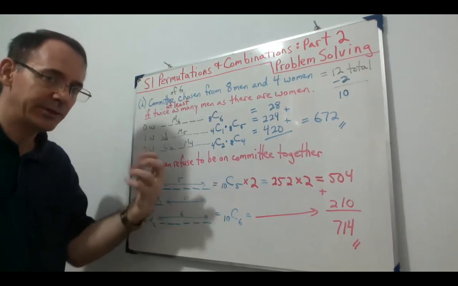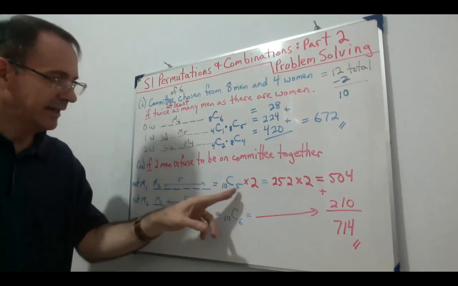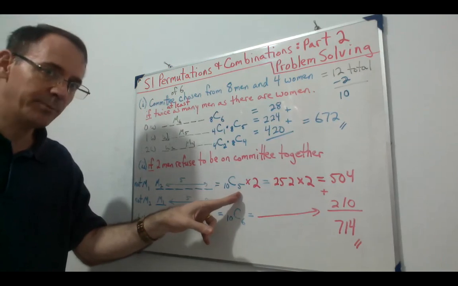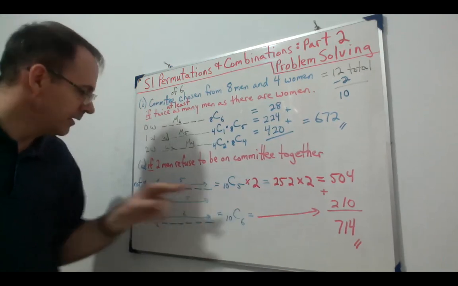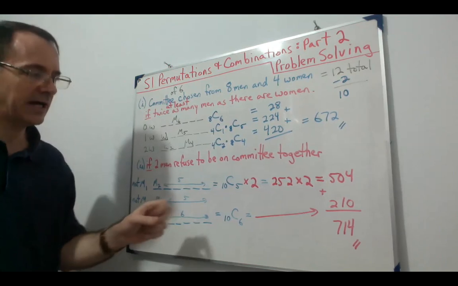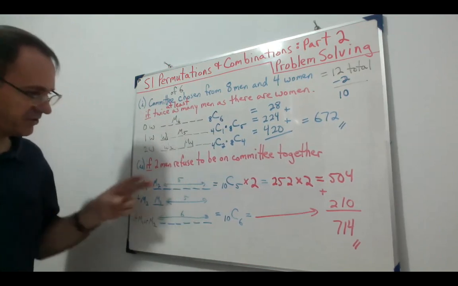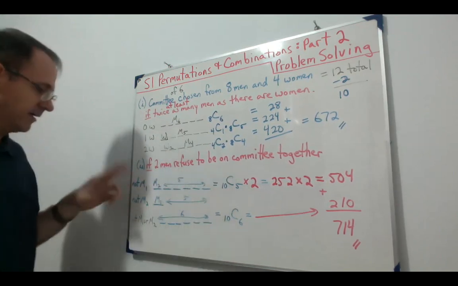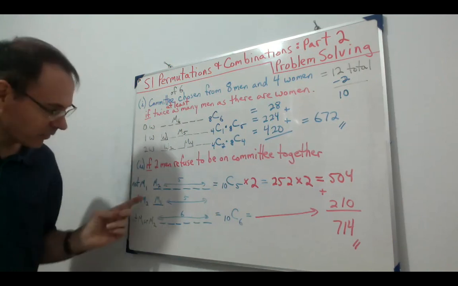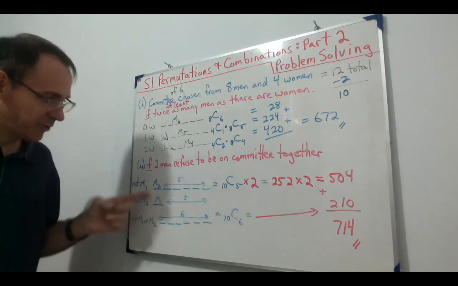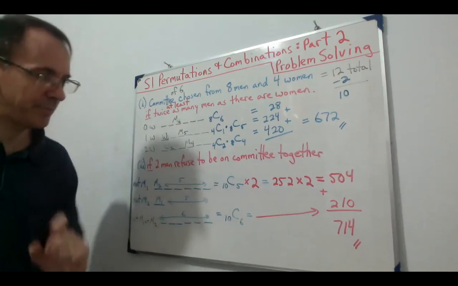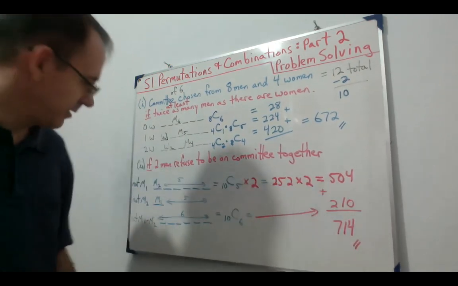So make sure you're reducing your numbers correctly, and also realizing how many slots are left available. If you've already filled one of the slots, both of these numerically work the same, it doesn't matter which one's which, but they're 2 different people on the committee, so we have to multiply by 2, which gives 504.